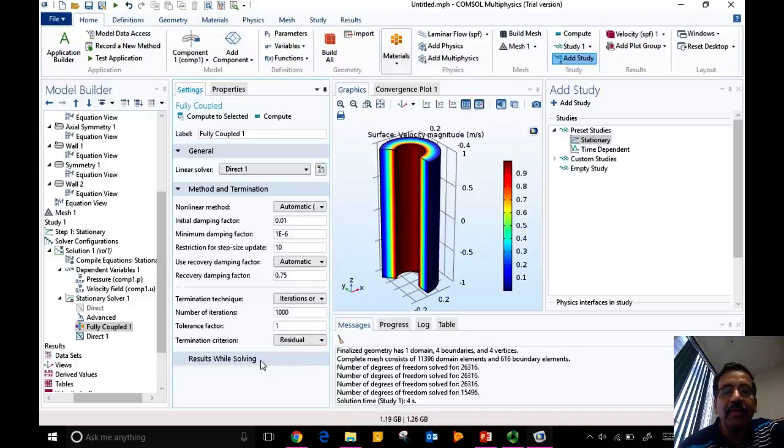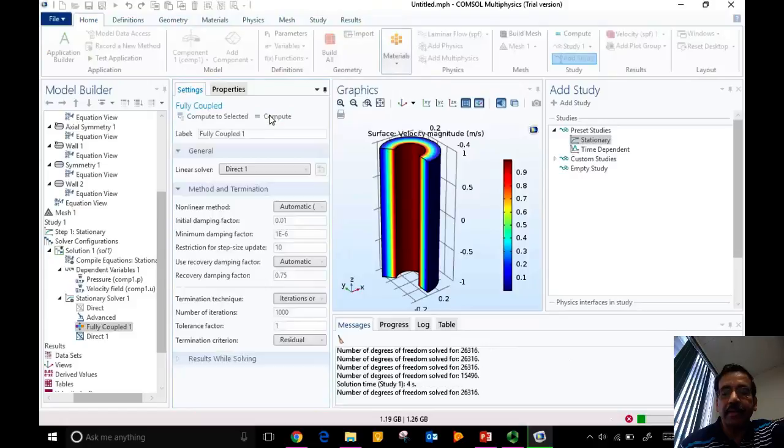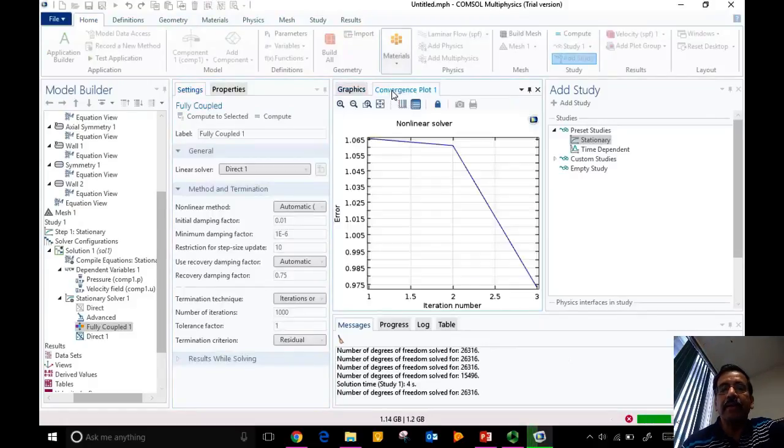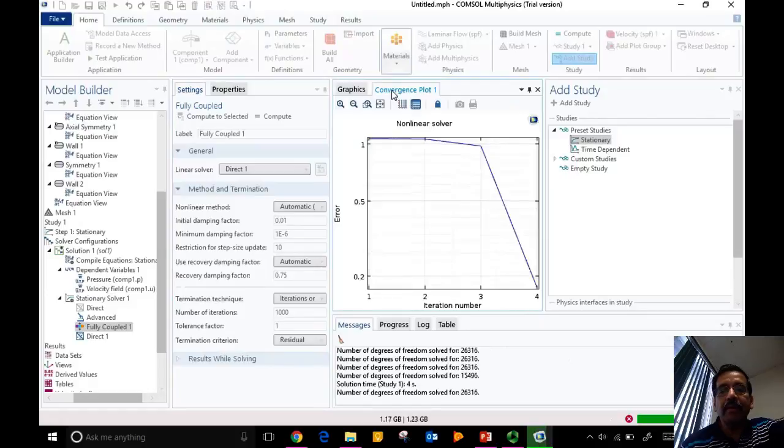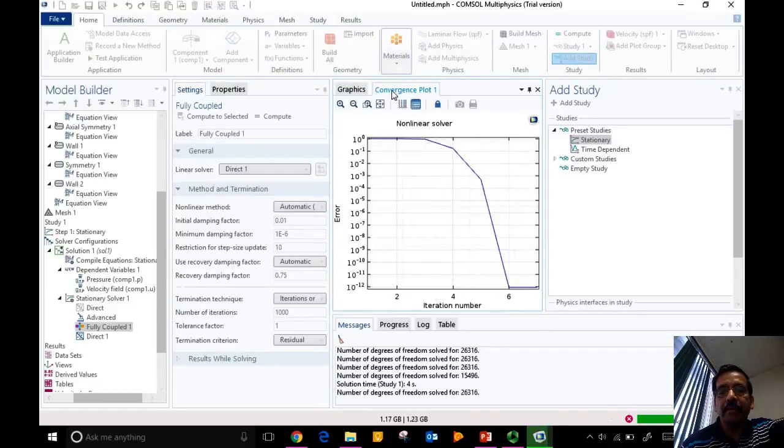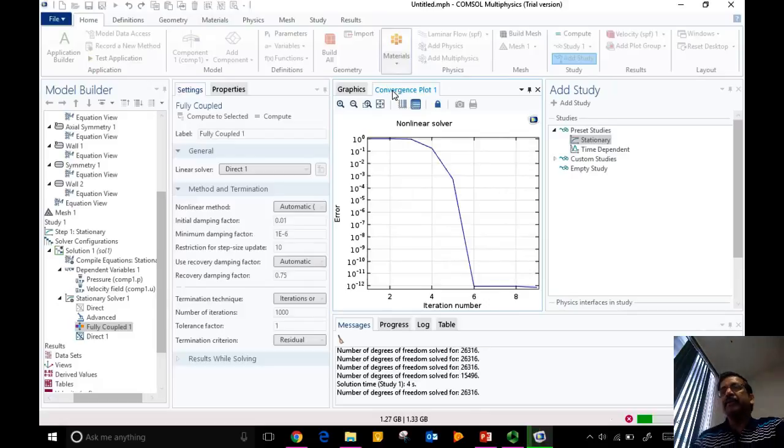Residual, and where is the residual value? Okay, let's just compute this.